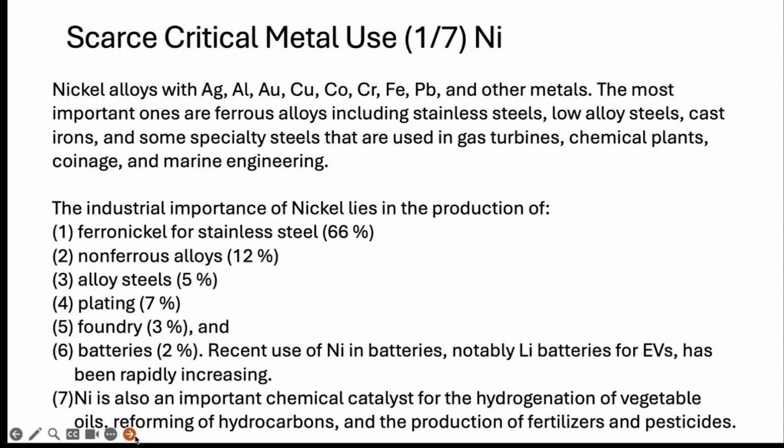Now, it's only 2% of nickel being used in batteries, especially lithium-ion batteries, but that has been increasing. And it's also an important chemical catalyst for hydrogenation of vegetable oils, reforming hydrocarbons, producing fertilizers.